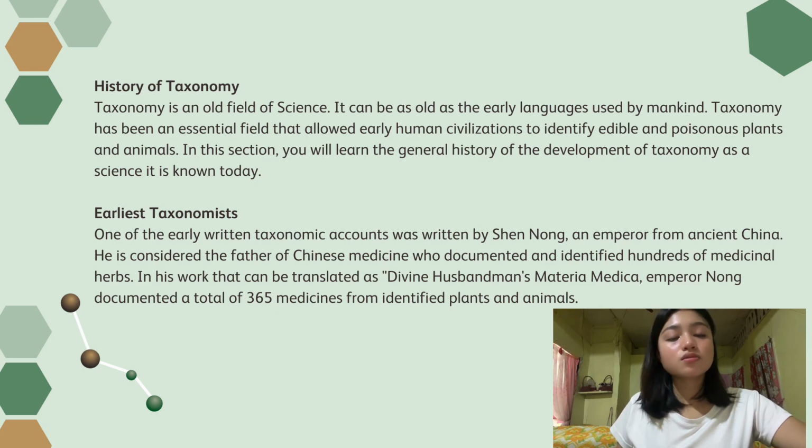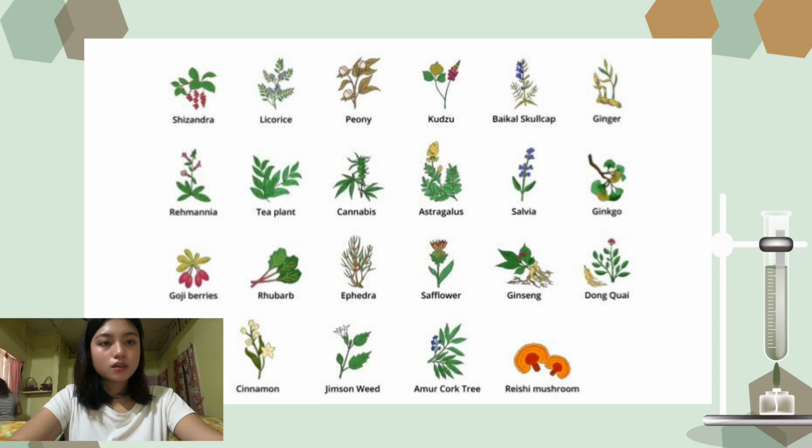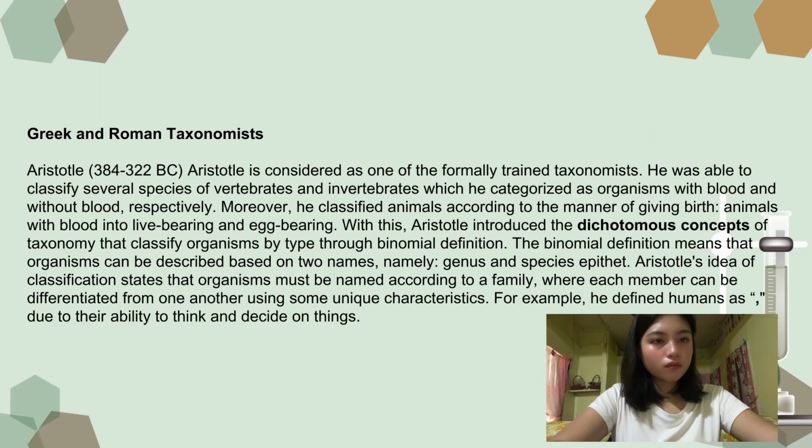Shennong's works show that taxonomy was already being practiced even before modern science. His classification of medicinal plants was an early form of organizing species, which later influenced the development of taxonomy as a scientific field. So, in this picture, the medicinal plants serve as the main focus of the earliest form of taxonomy.